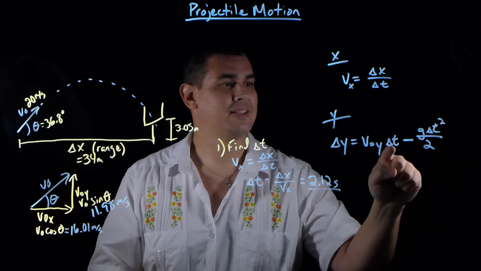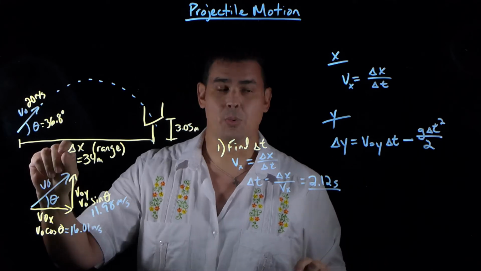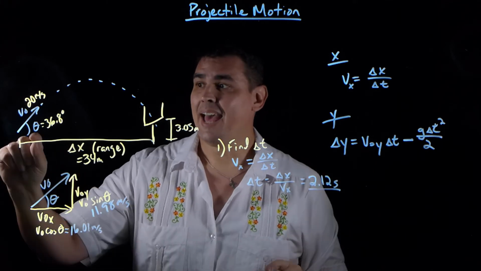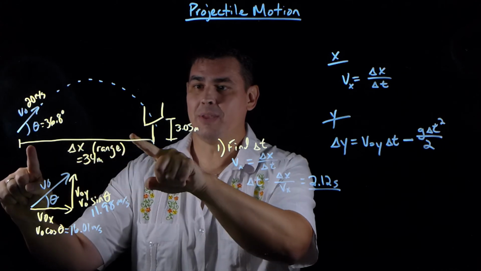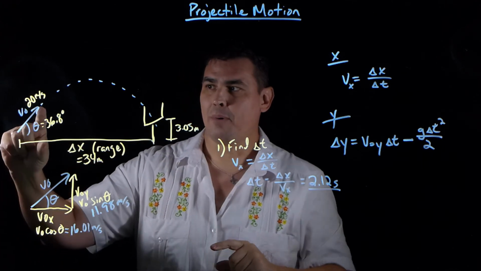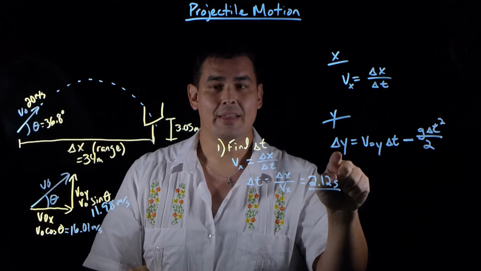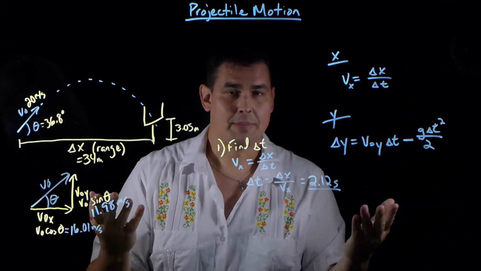Now I've got time, I can plug it in and solve for the height. What I'm trying to find is the height at the time it took to get to the goalpost, 2.12 seconds. That ball went up and then came down, and if my delta y is greater than 3.05, I made the field goal.